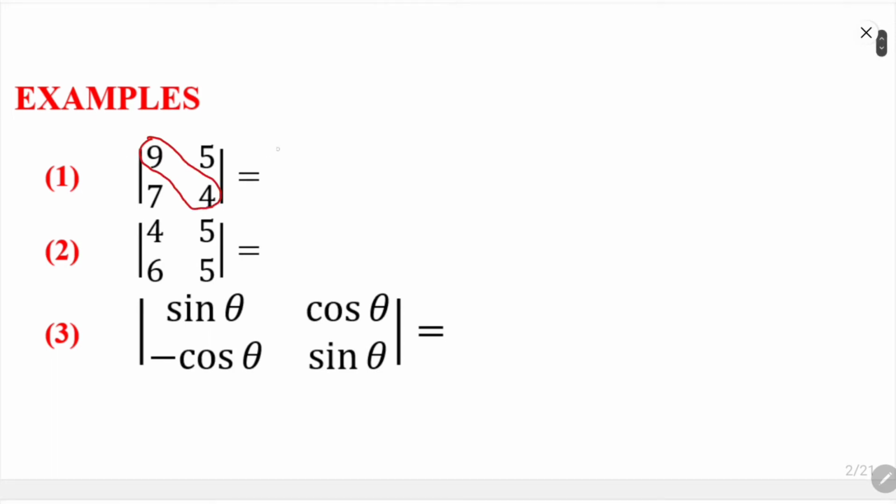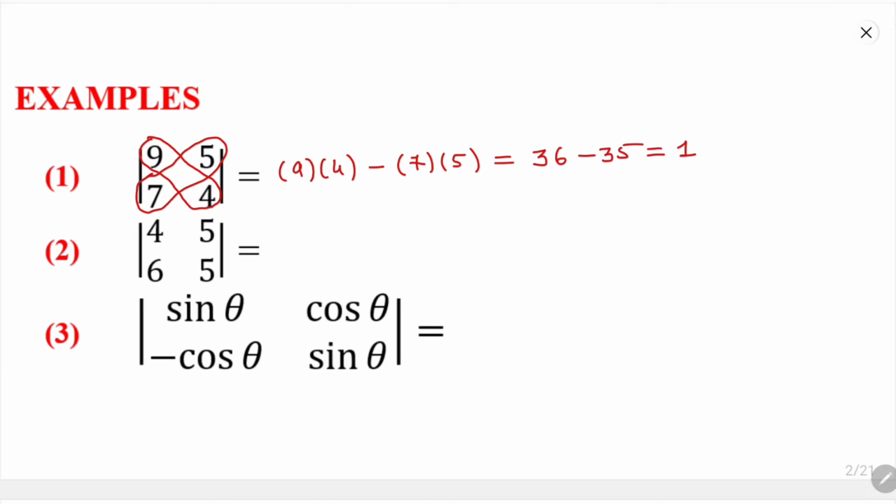Multiplication of these two, which is nothing but the elements of the principal diagonal. So 9 into 4 minus the multiplication of these two, 7 into 5. 9 fours are 36 minus 35. So this is nothing but 1, right?